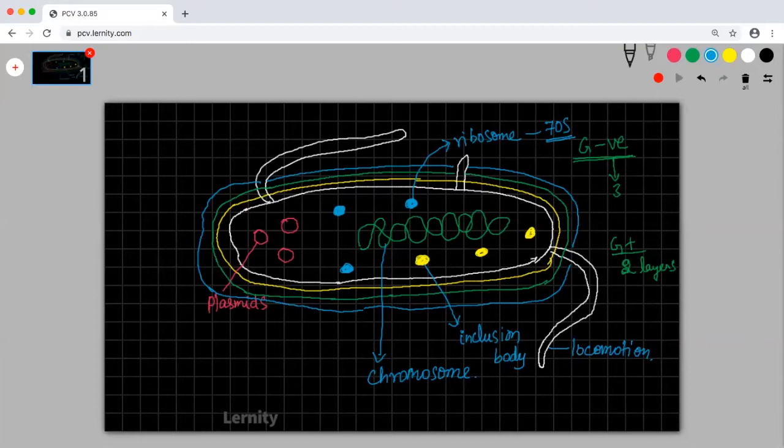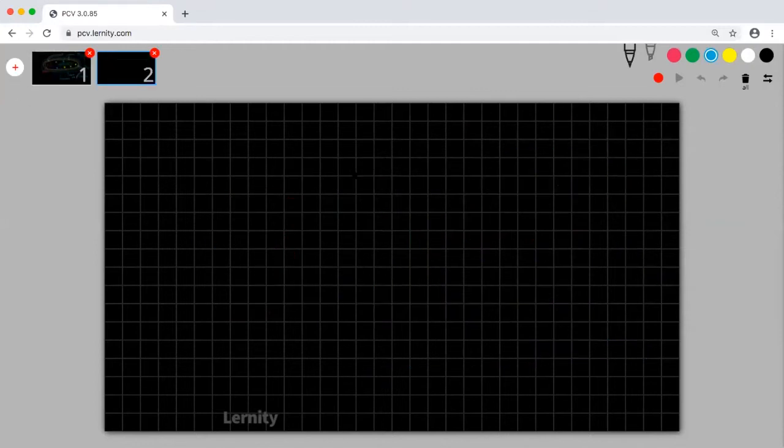Someone is asking me what is the difference between chromosome and DNA. Both are one and the same, but the packaging state is different. We'll study about that in the chapter cell, not now, but to explain in a very simple way, let us say that you have a DNA.